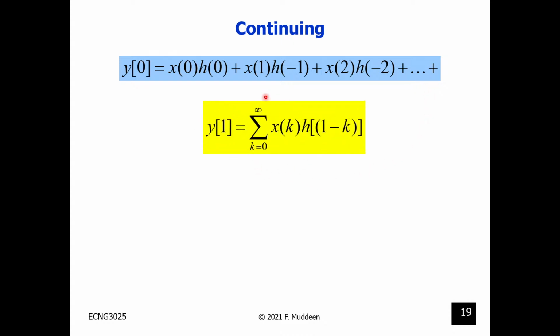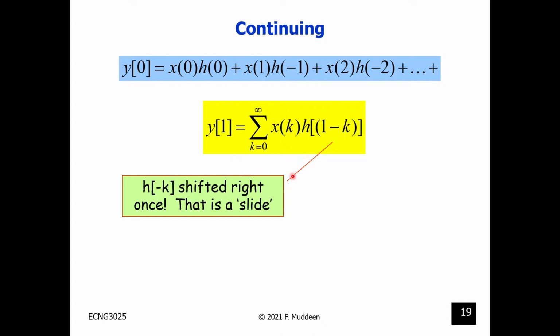If we do the same thing for y of 1, if it's 1 minus k, that's going to be the same h of minus k that is flipped, but because the index here is 1 minus k, that positive value of 1 means that the h of minus k is going to be shifted to the right by 1 value. And this 1 minus k just represents a slide.